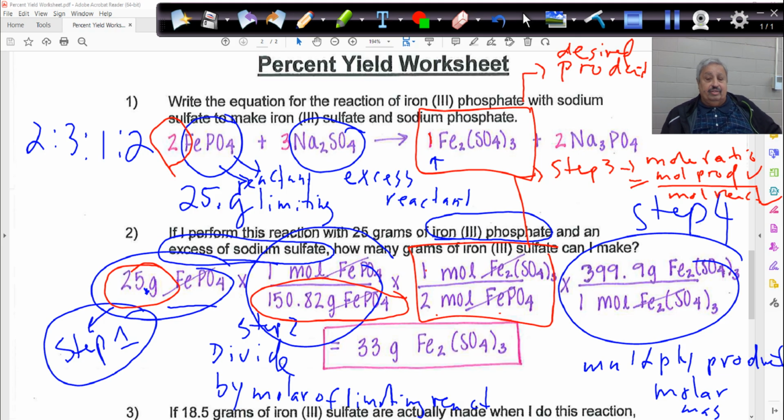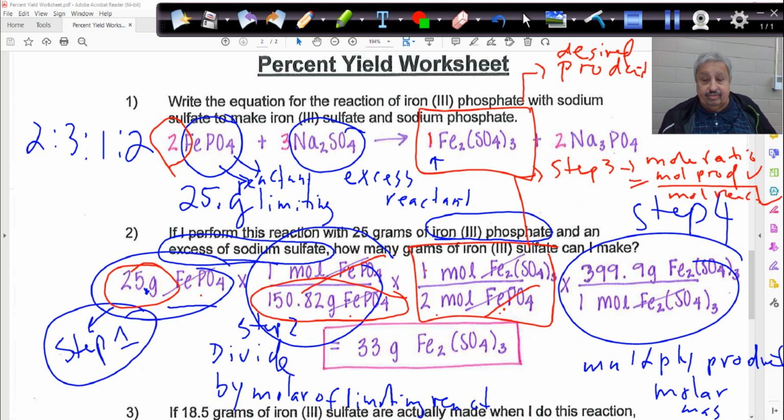And you can see the units are cancelling themselves out. Grams of the reactants per mole of reactants, moles of the reactants with the moles of the reactants. And then the molar mass of the product, which is very large, about 400 grams per mole.